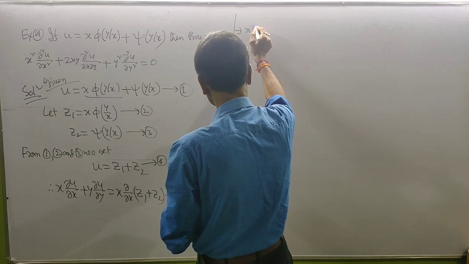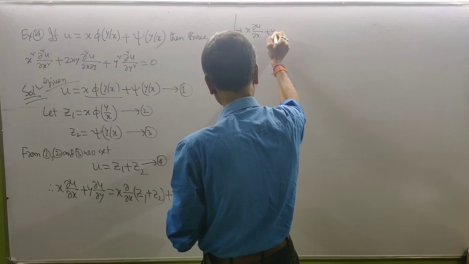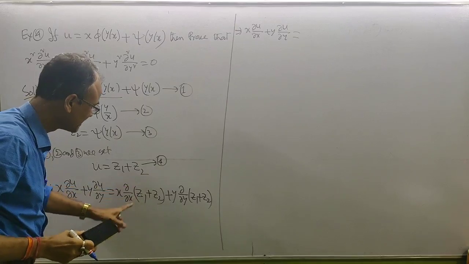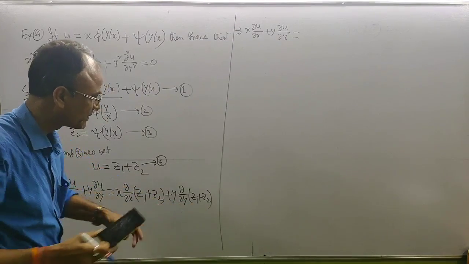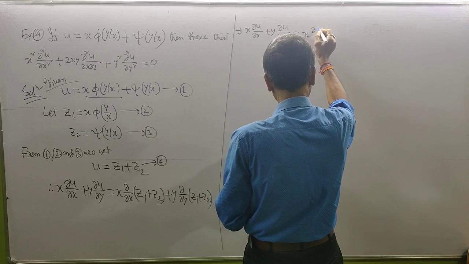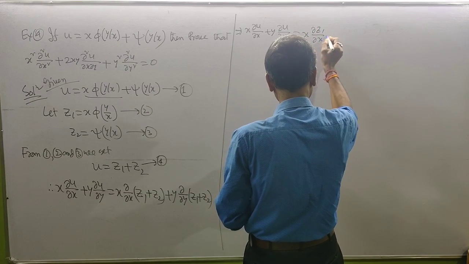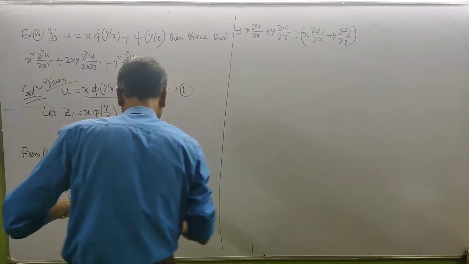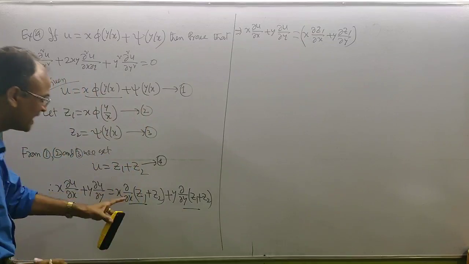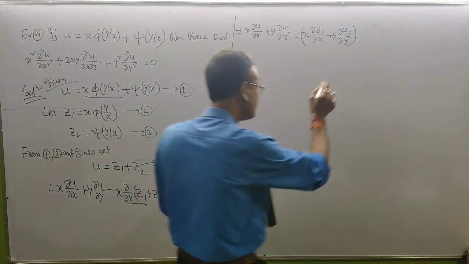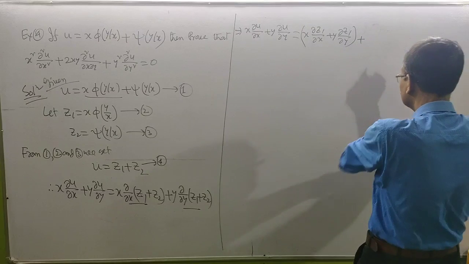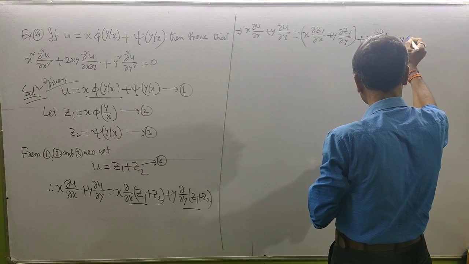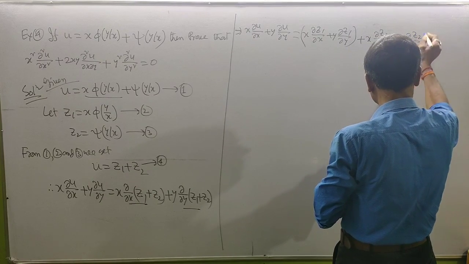This means x del u by del x plus y del u by del y equals x del z1 by del x plus y del z1 by del y, plus x del z2 by del x plus y del z2 by del y.